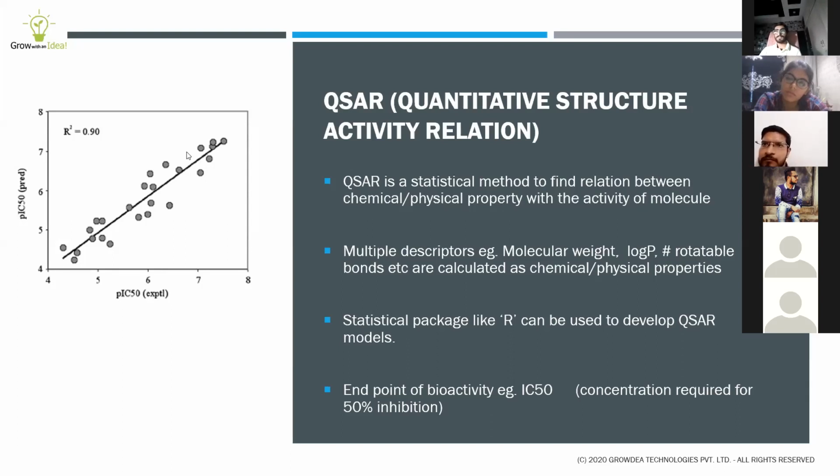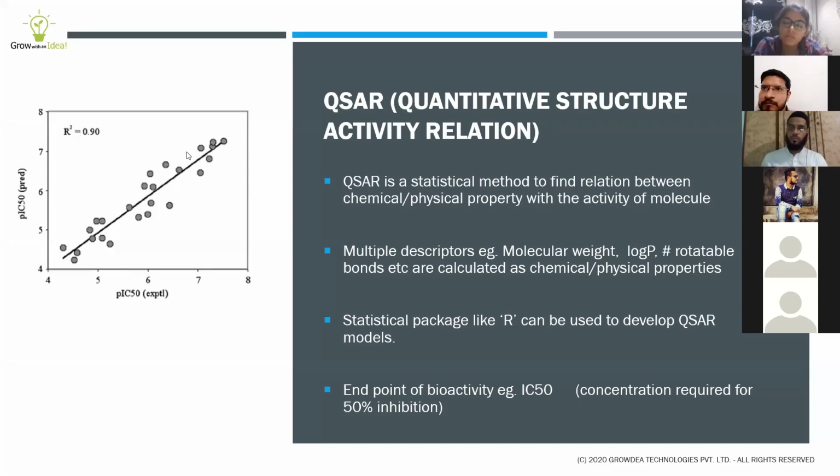As you have seen in one of my slides, high throughput screening. In high throughput screening, we usually use, let's say, 1,000 compounds. But before going for the experiment, if we do a similar kind of QSAR and predict the IC50 for these 1,000 compounds, then maybe we get to know that out of 1,000 compounds, only 10 molecules are working well.